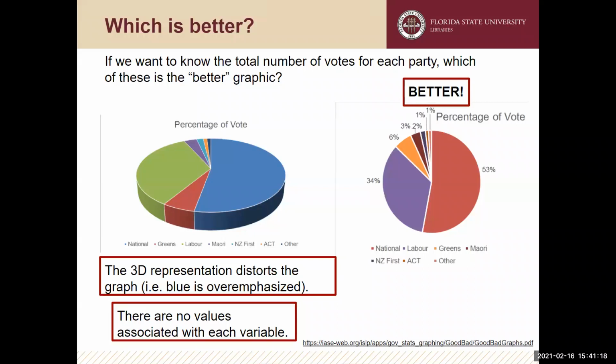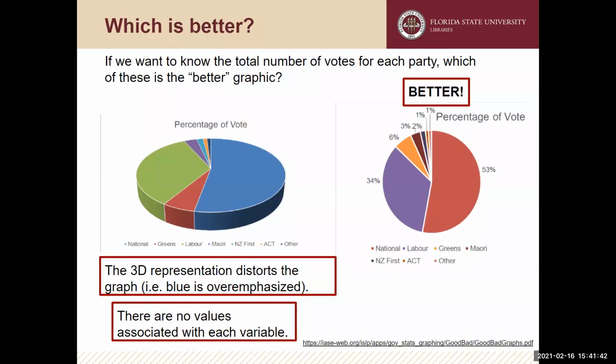The one on the left, you're just sort of inferring this, right? And this 3D representation distorts the graph. It's harder to get a good comparison of the top percentage and the second percentage, because our eyes are often going to focus on what's in front of us.